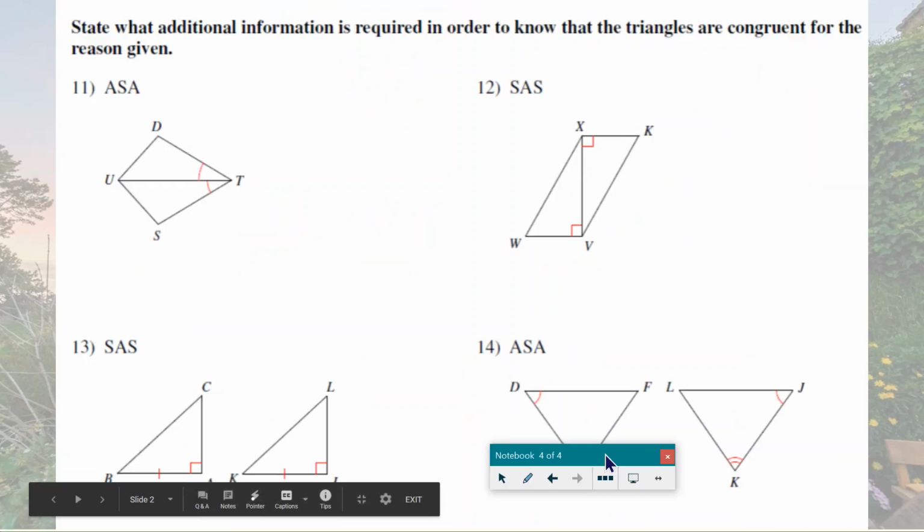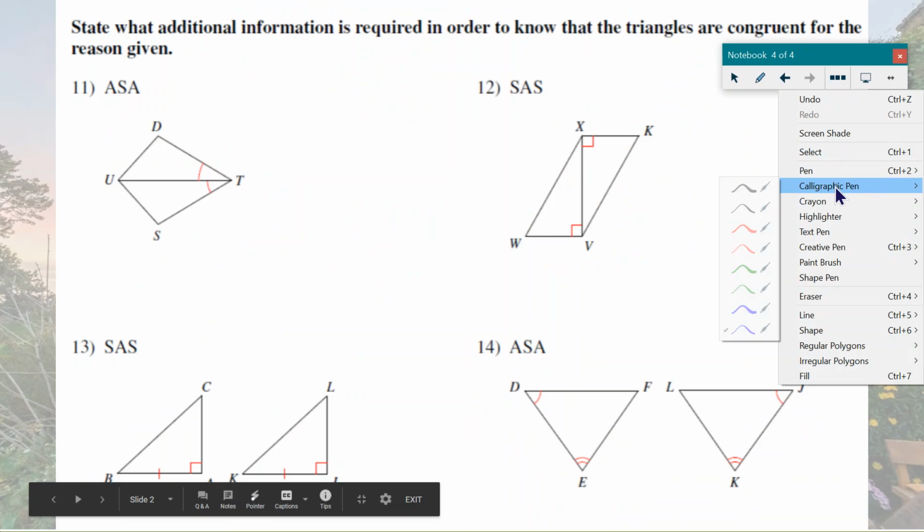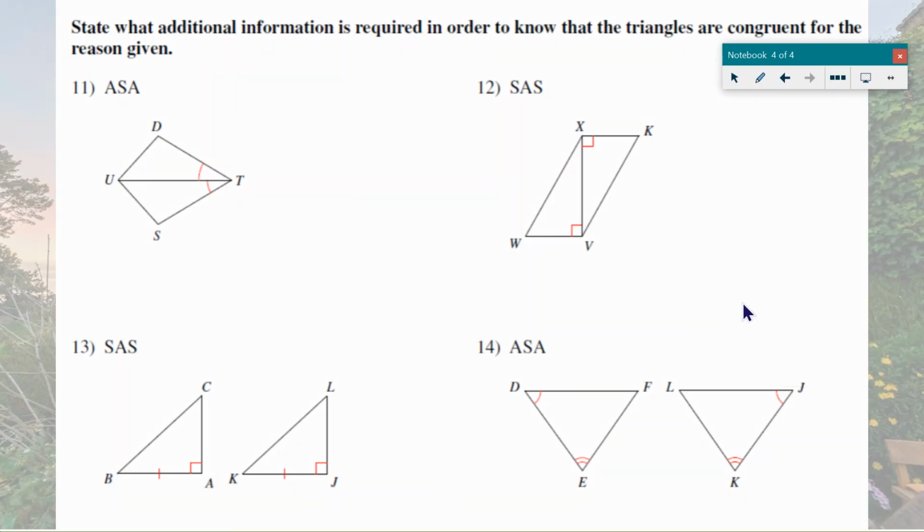Alright, this next part, I'm going to state the missing piece of information. So we want to state whatever additional information is required to say that these 2 triangles are congruent by that logic. I have a shared side there.